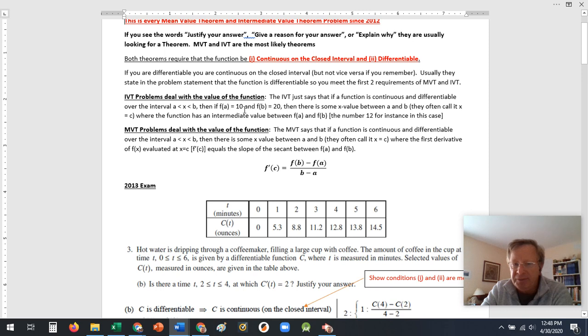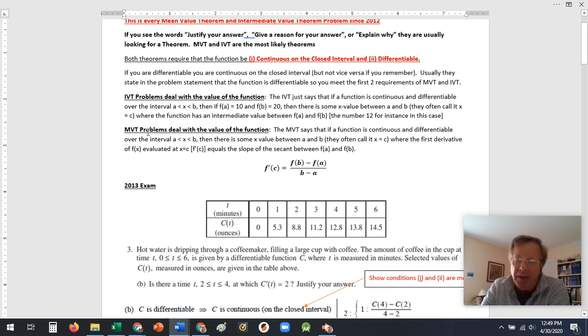So for instance here, if f of a is 10 and f of b is 20, and the function's continuous and differentiable, so there's no monkey business, then 12, which is a number between 10 and 20, is going to exist somewhere in that interval. So that's all the intermediate value theorem is telling you, is that an intermediate value is going to exist between the two end y values as long as the function's differentiable and continuous.